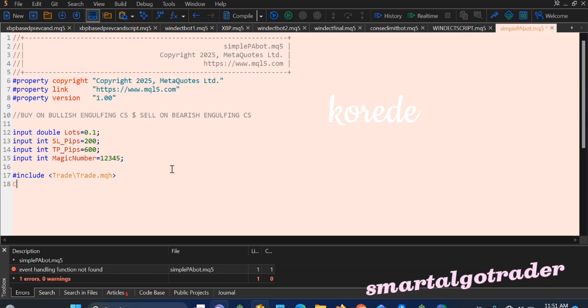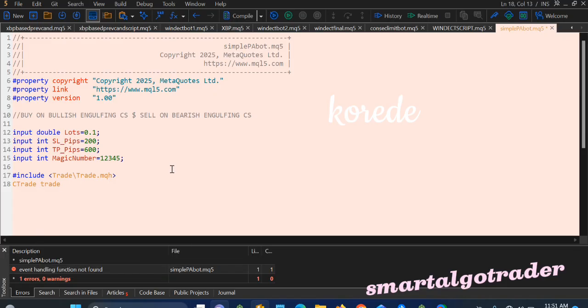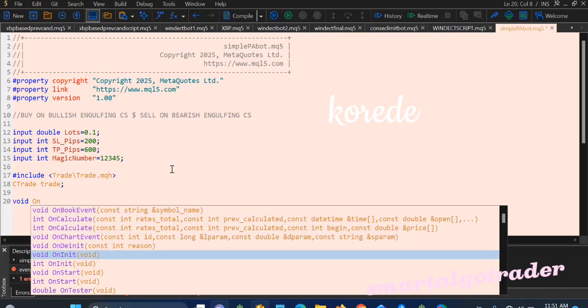So CTrade, CTrade, CTrade. Okay, it has even brought it for CTrade, and then trade, and use this semicolon here. Now this is the OnTick function that we're starting here. You see we have all the information, it has already been giving us.